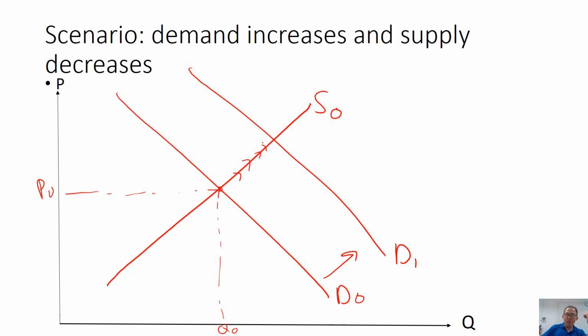Now, what happens if we shift supply to the left? When we decrease supply, from the new demand curve D1, when you shift supply to the left, you realize that the price will increase, and the quantity will decrease.